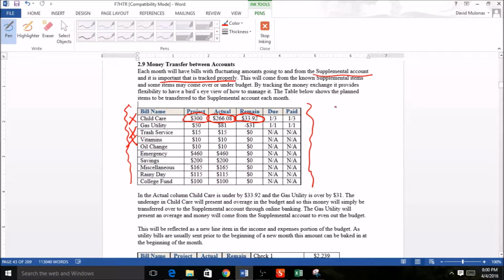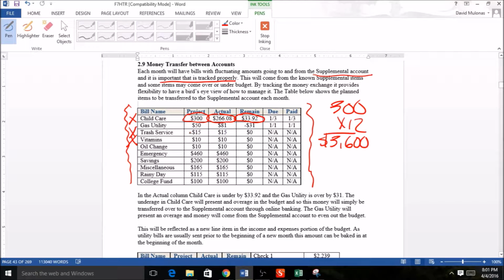For example, with childcare, that's $300 every month times 12, thus $3,600. This $3,600 number is derived from planning out the entire year. So this $33.92 is actually going to go into the supplemental account, and childcare will have its own line item to track it.